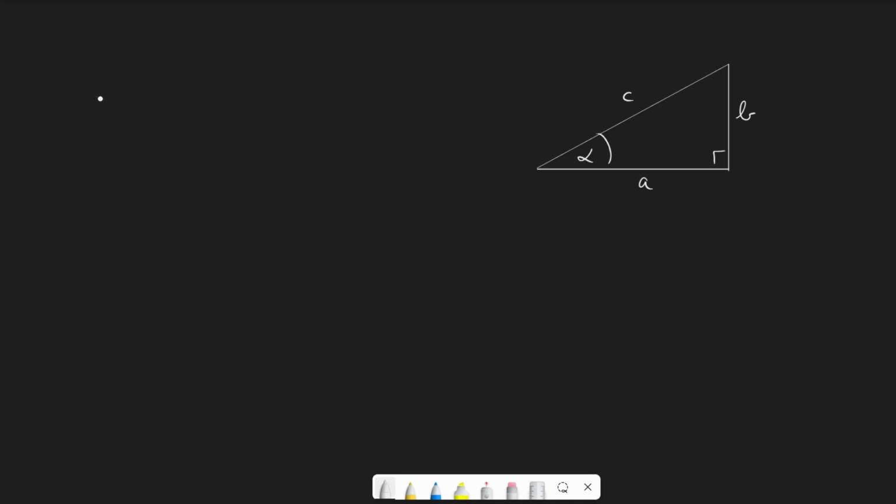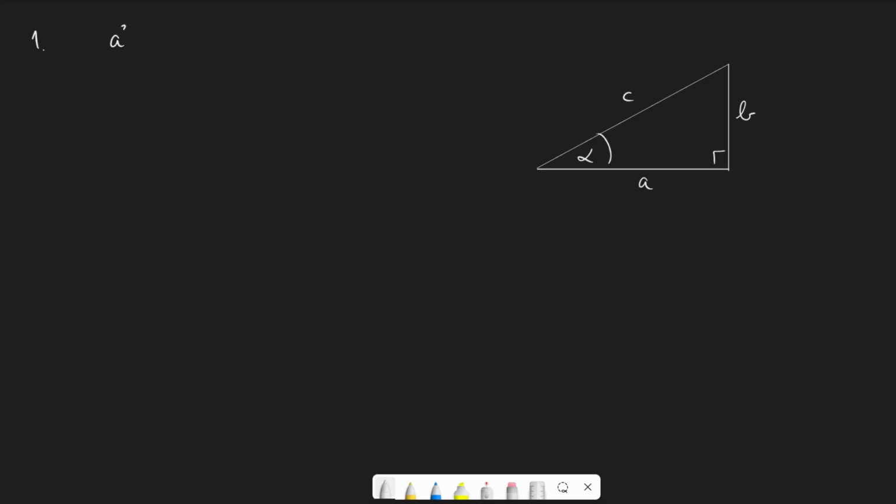So the first one is the Pythagorean theorem, which says that the sum of the squares of the legs is equal to the square of the hypotenuse, and we will just write this down.